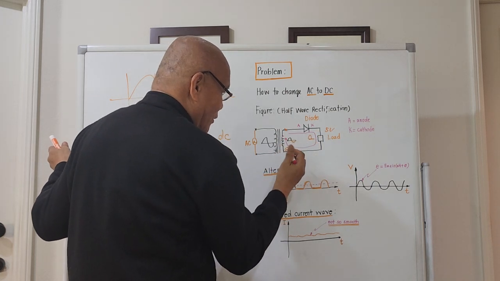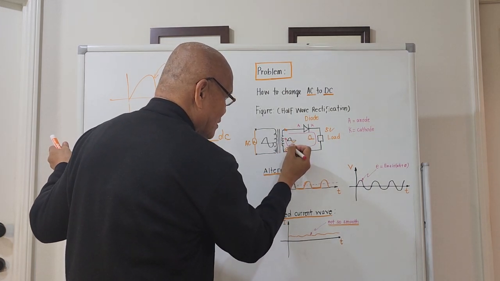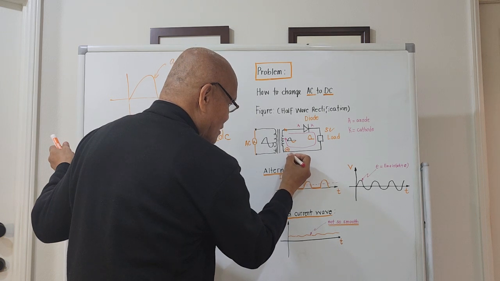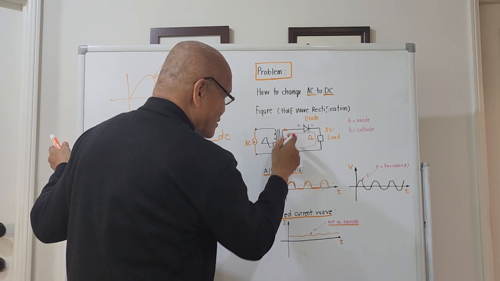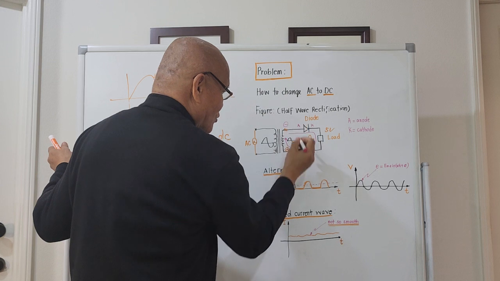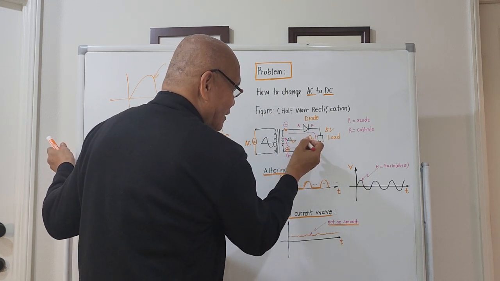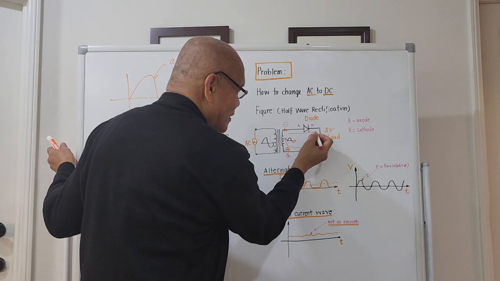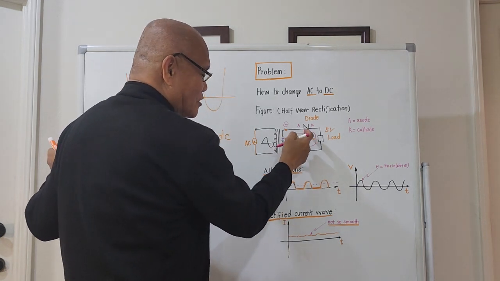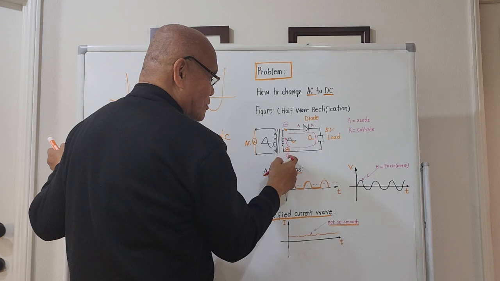For the negative alternation, when this is plus, this should be minus, right? So supposed to be the current will be going like this, but current cannot pass through this diode when this is plus.